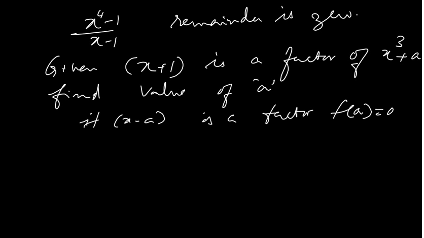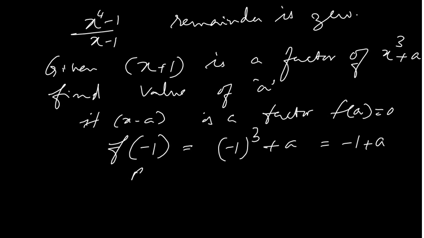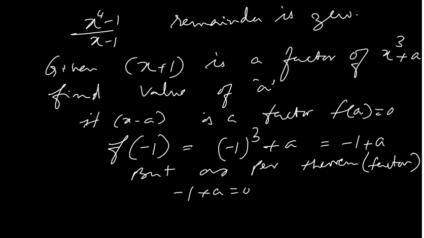This is what the factor theorem is about. The remainder is 0, so f of a equals 0. In this case you put f of minus 1, because a is minus 1. So you do minus 1 cube plus a, which gives minus 1 plus a. As per the factor theorem, we should equate to 0. Minus 1 plus a equals 0. This is the important thing in the factor theorem. So a equals 1.